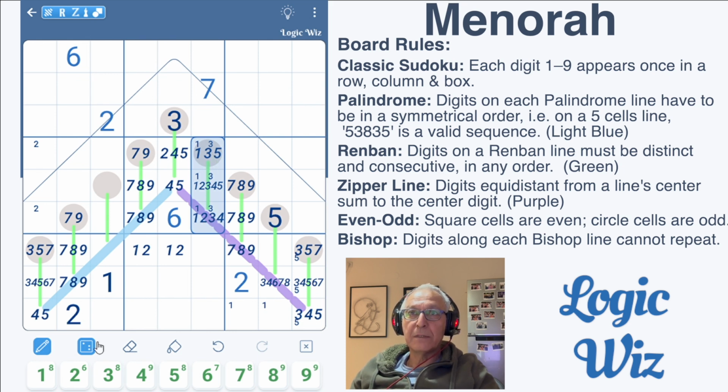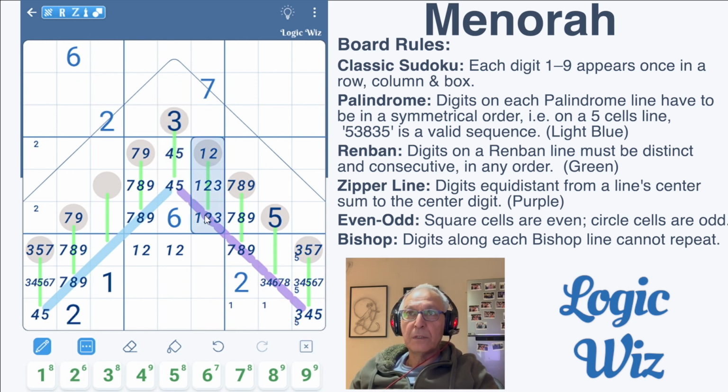So let's do some cleanup here. This can be 1 and 2. This can be 1, 2, and 3. And 2 can no longer be here. So this Renban is 3, 4, 5.